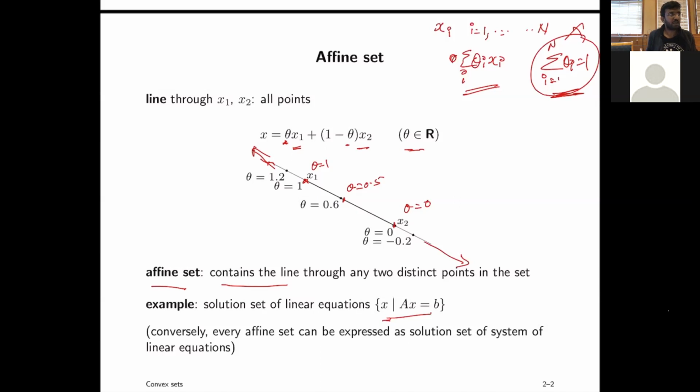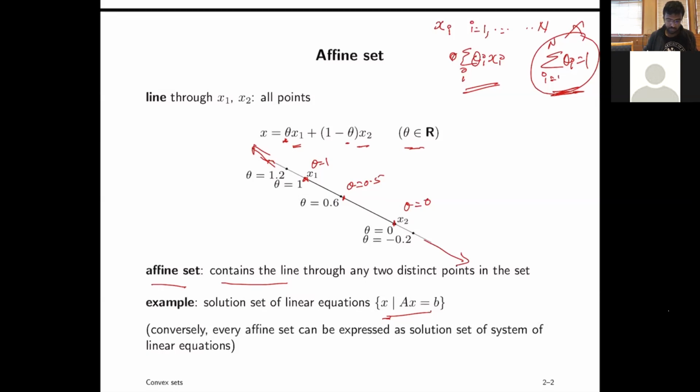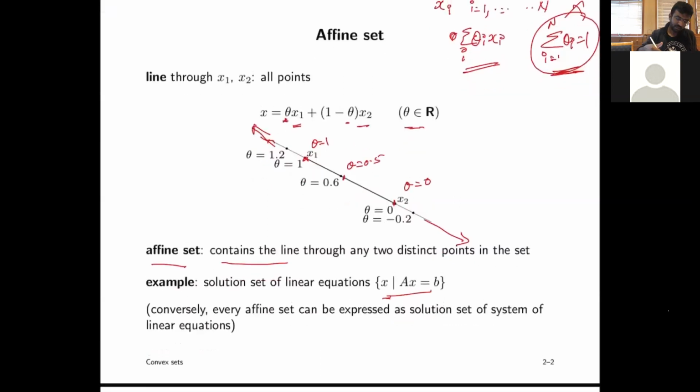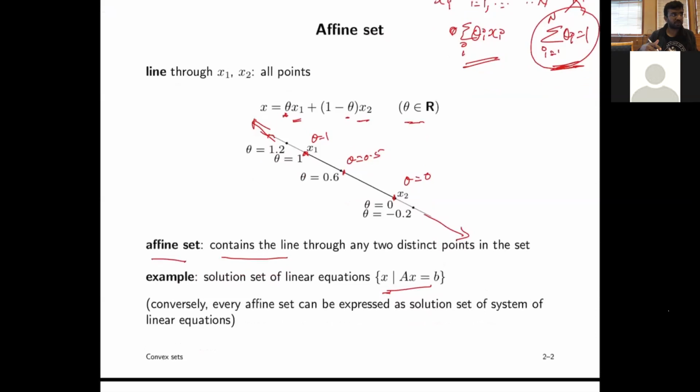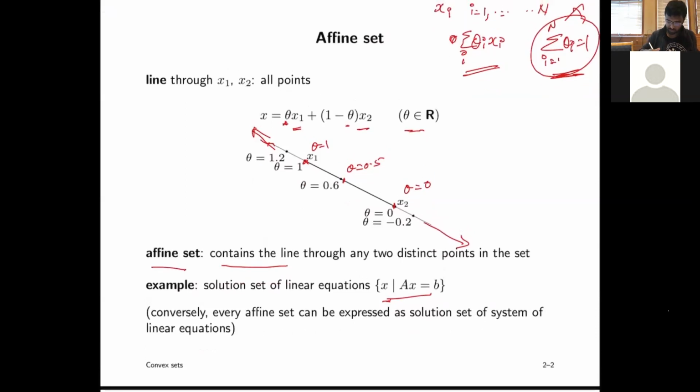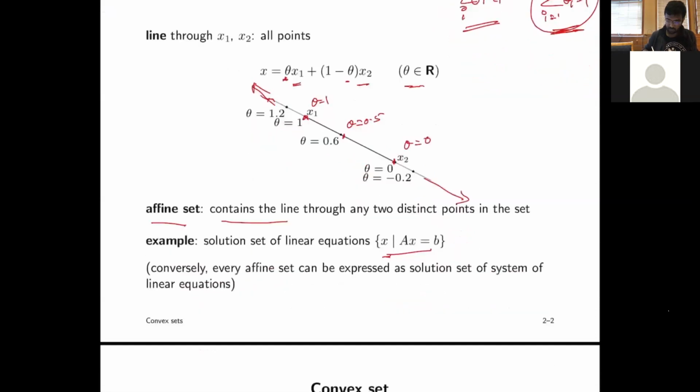Why are we studying it? Because later we want to introduce convex set. So this is like a pre-topic of convex set. From affine, the next slide we'll go to convex set. And of course, this is also a convex set, but later we will see how.